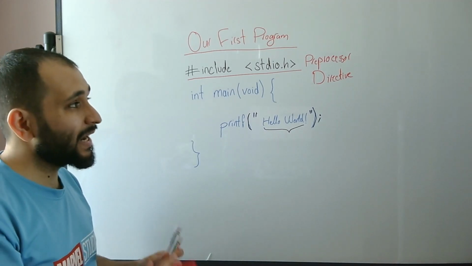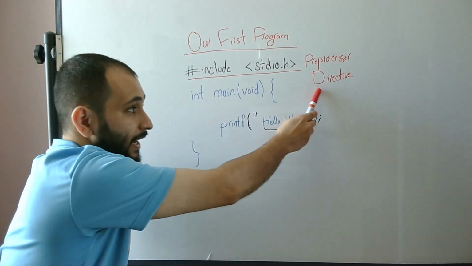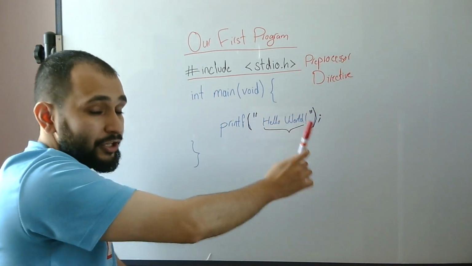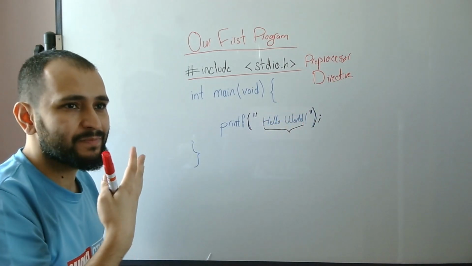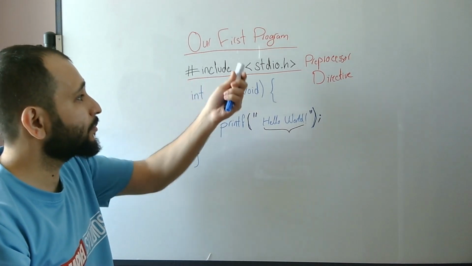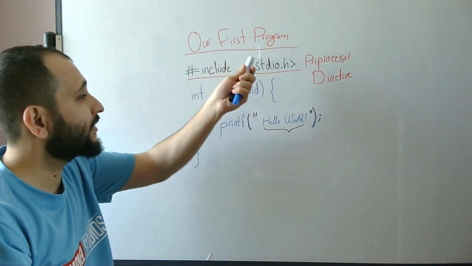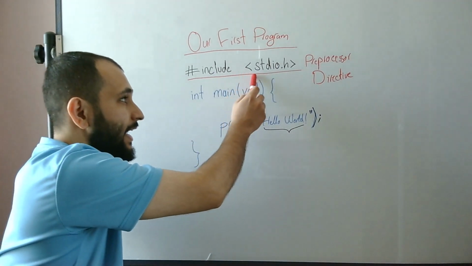So as the name implies, the preprocessor directive is a directive or an instruction for the preprocessor to do a specific set of actions. In this case, it's telling the preprocessor to include the header stdio.h.